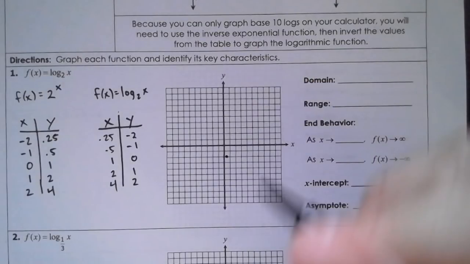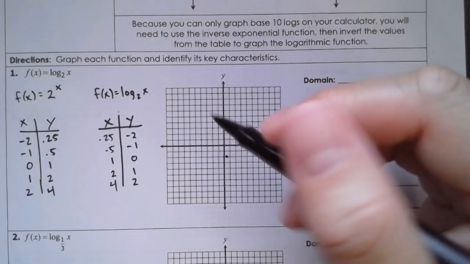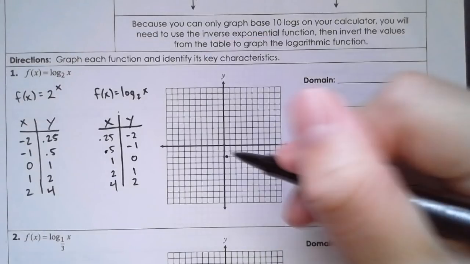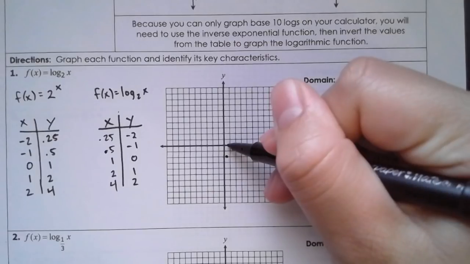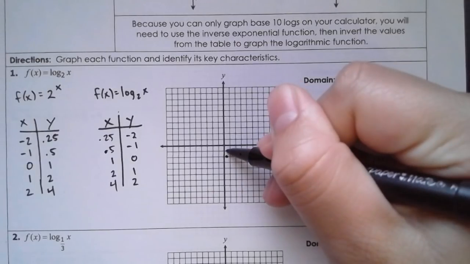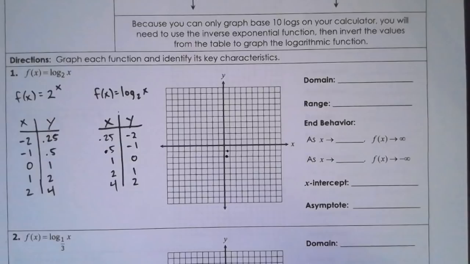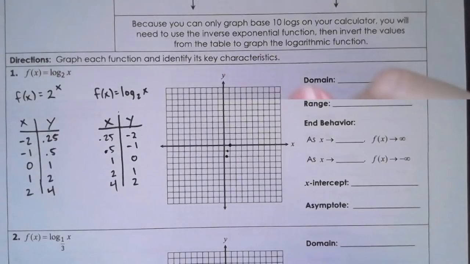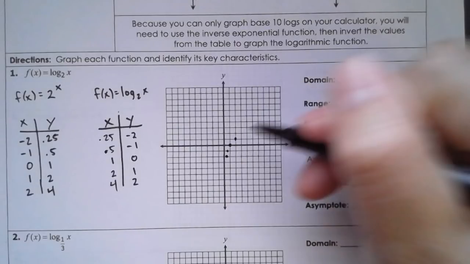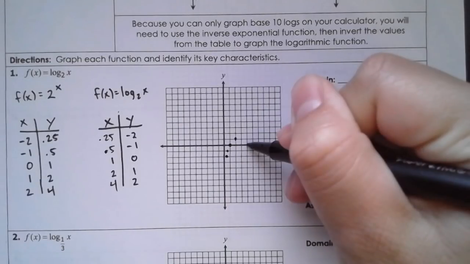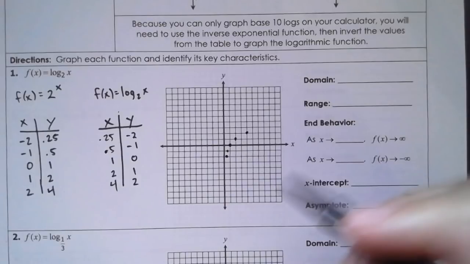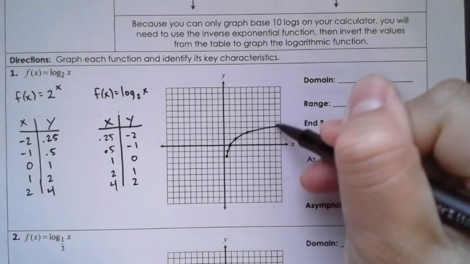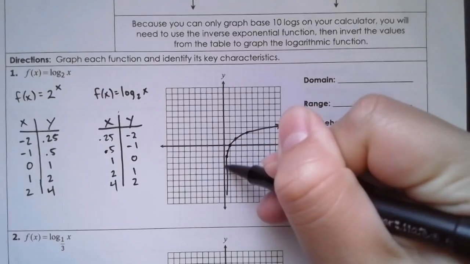This is 0.5, -1, so 0.5 halfway, -1, it's right there. 1, 0, it's right here. 2, 1, it's right here, and then 4, 2, it's right there. So then connect these dots, and this is what my log function looks like.